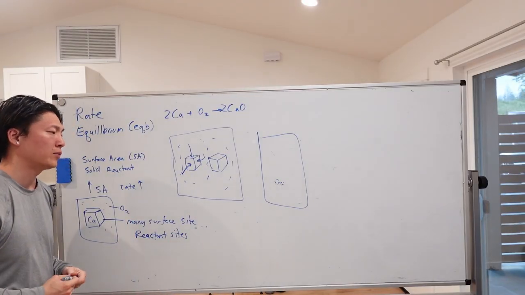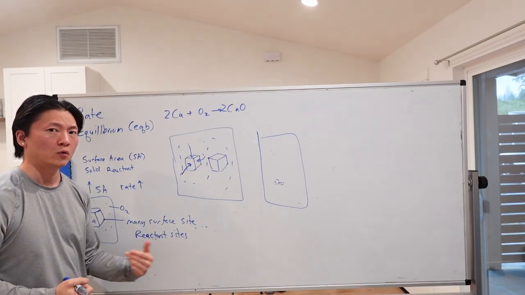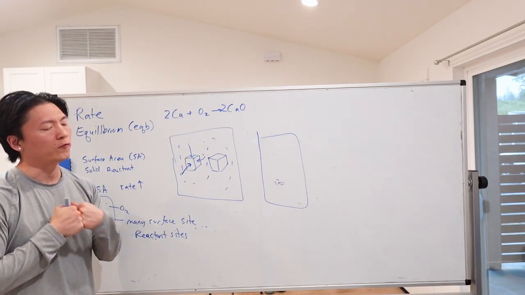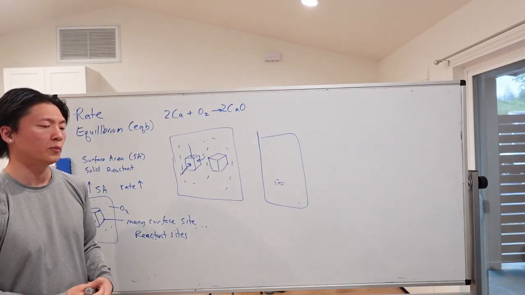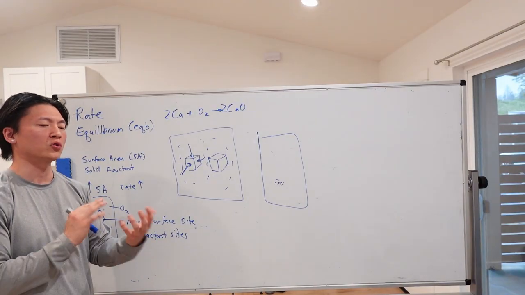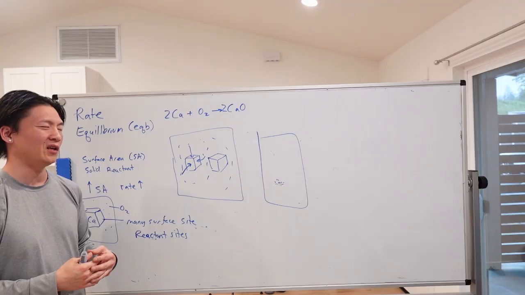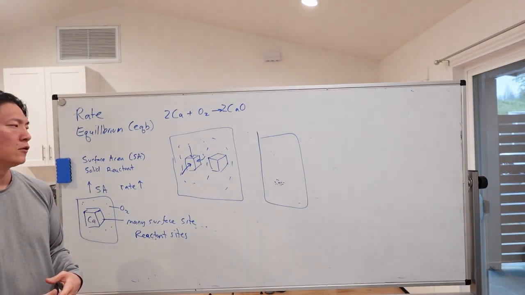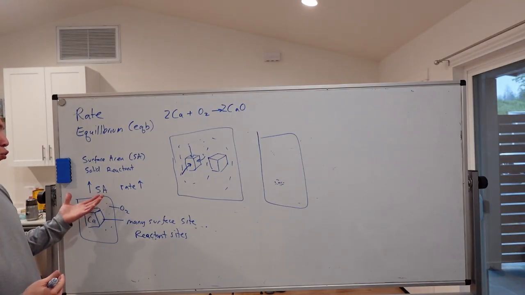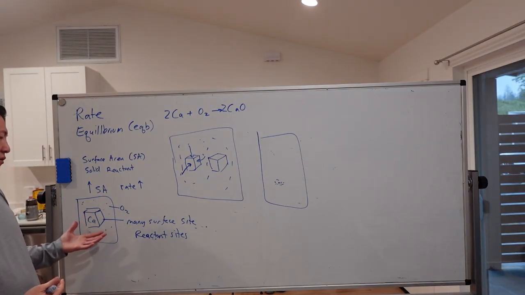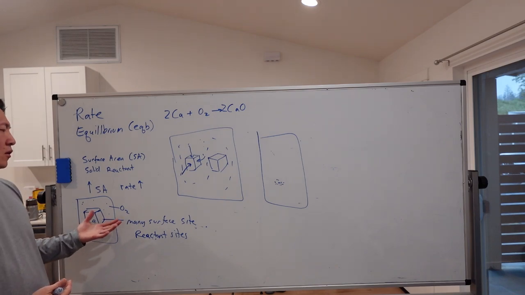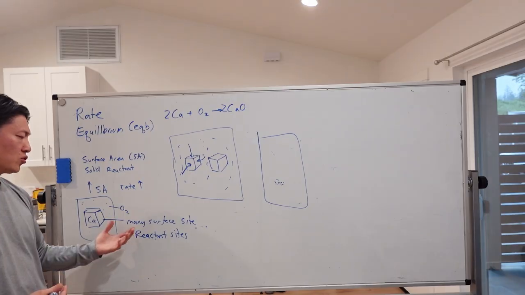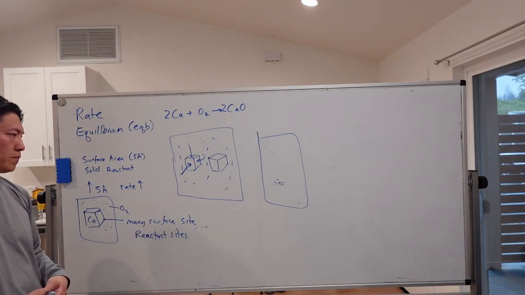You guys can remember this because a lot of times when we cook, we want a reaction to go faster, or we want to heat up our food faster, so we can cut it into smaller pieces. That's because now there's more surface area that can be exposed to the heat, in turn cooking it faster. Or in this case here, more surface area of a solid reactant causes the rate of reaction to increase because there are more exposed surface sites.